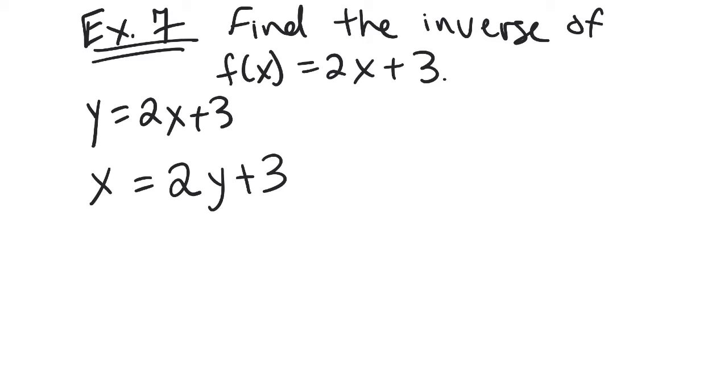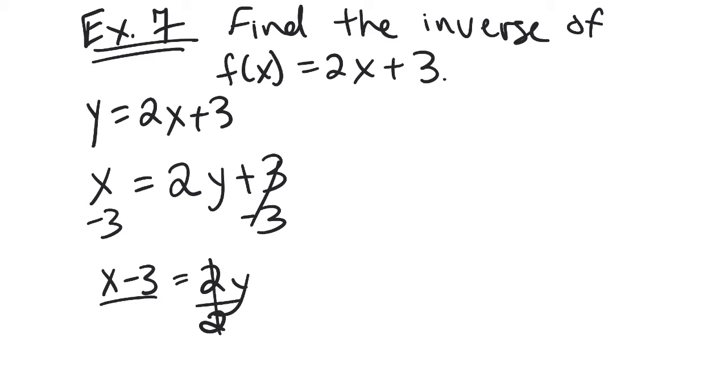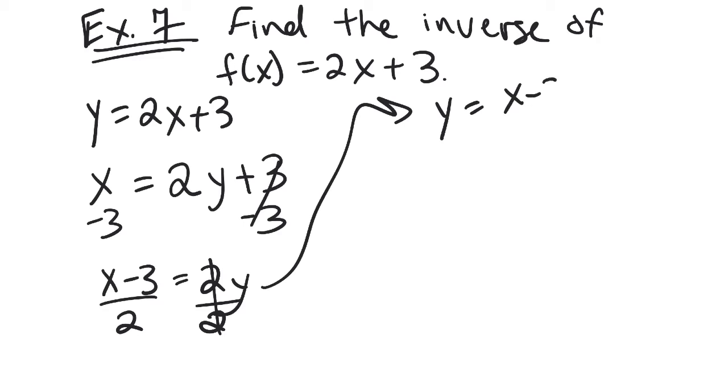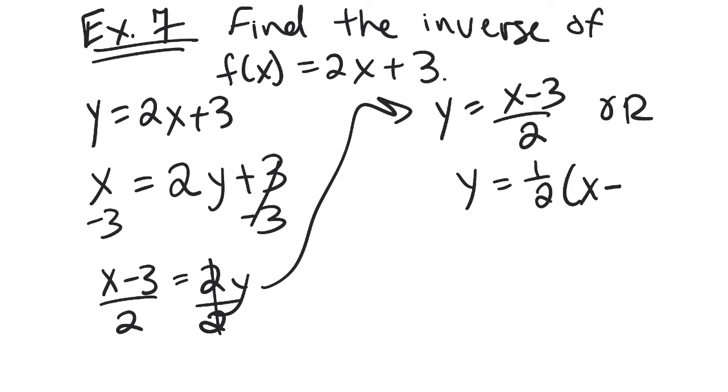Now we want to solve it for y. So minus 3, we have x minus 3 equals 2y. Divide by 2. So y equals x minus 3 over 2, or you might see it written as y equals 1/2 of x minus 3.